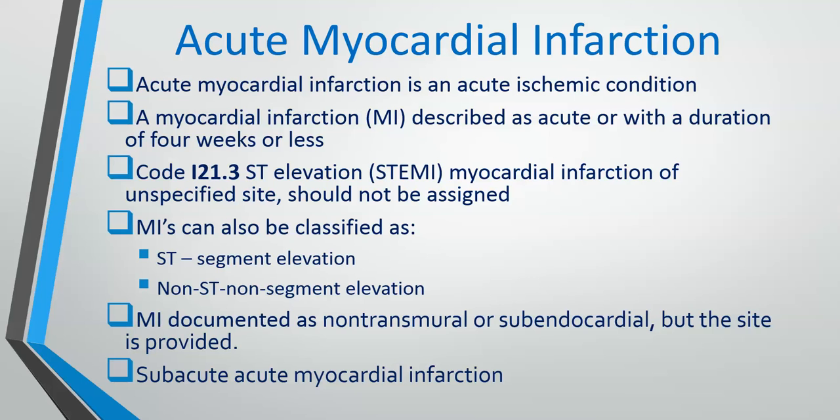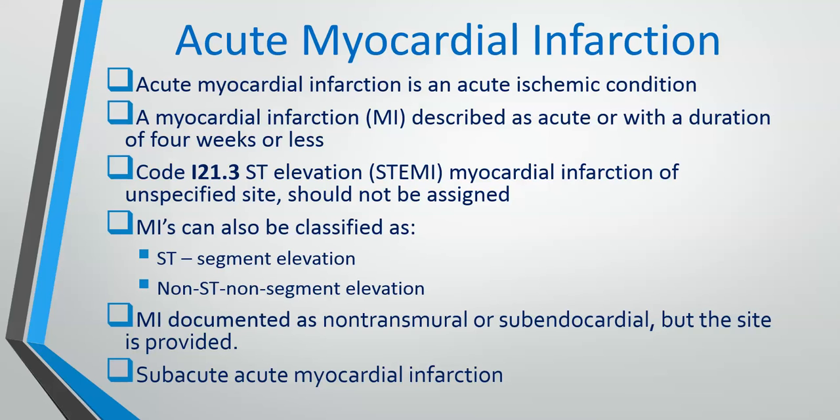However, if the NSTEMI converts to a STEMI, report only the STEMI code. If the STEMI converts to an NSTEMI due to thrombolytic therapy, it is reported as a STEMI. For example, I21.19, ST elevation STEMI myocardial infarction involving other coronary artery of inferior wall.